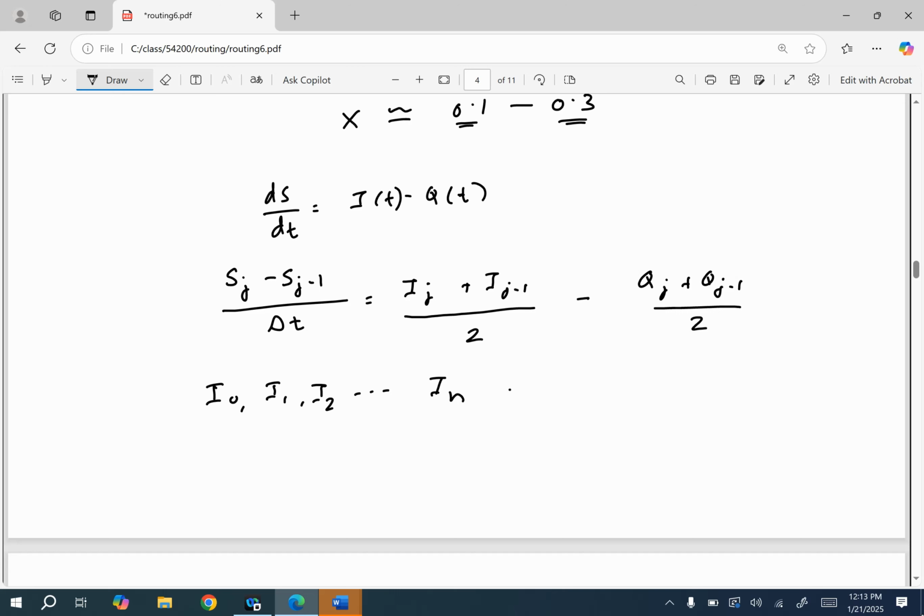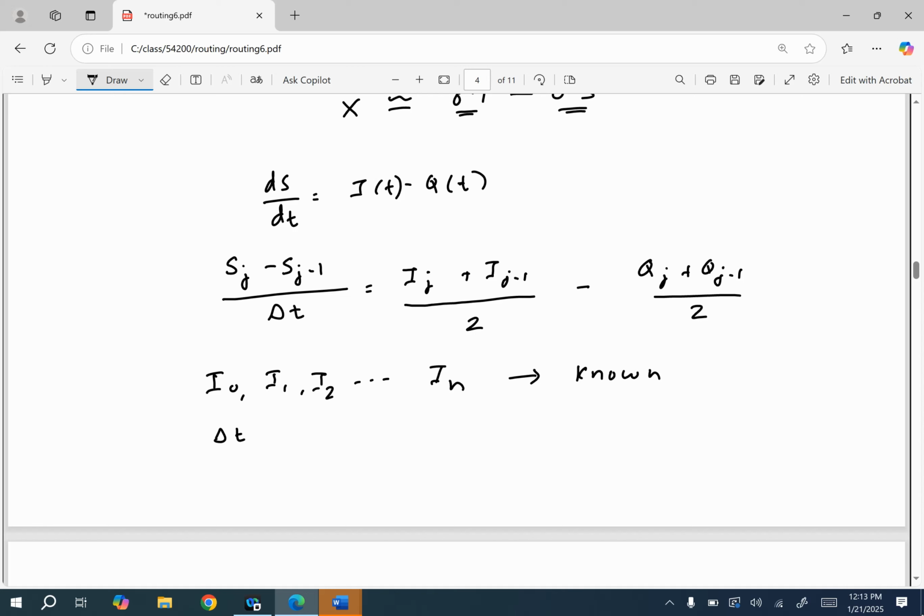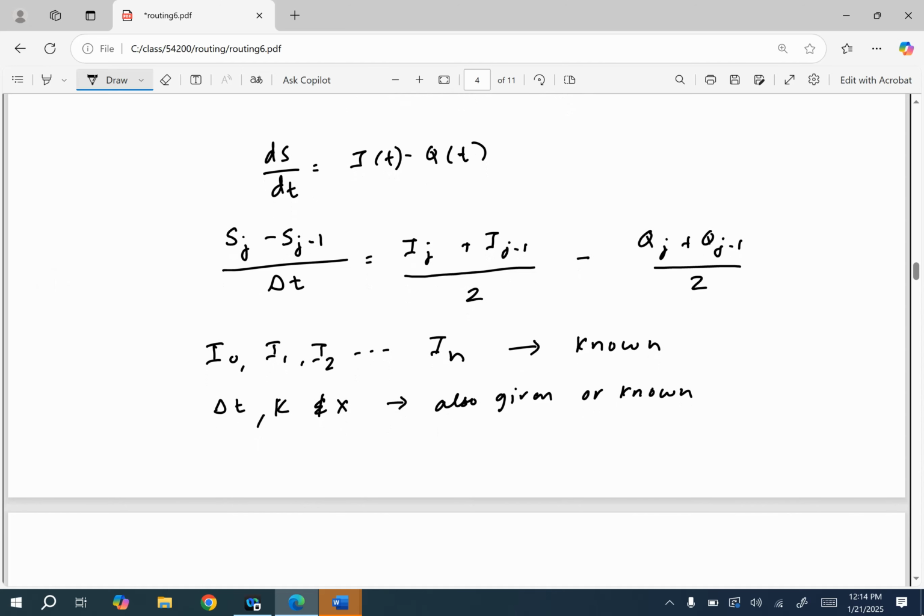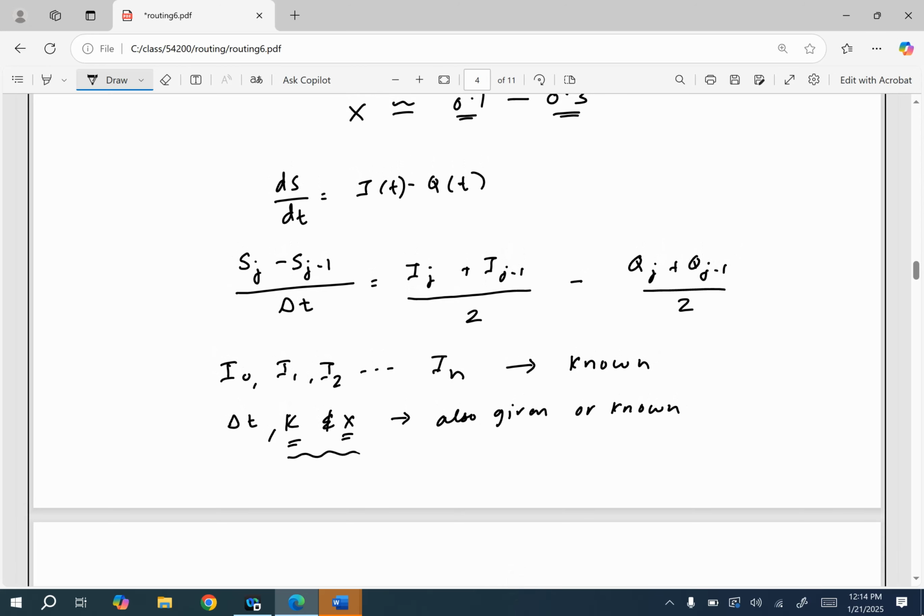The inflow hydrograph is always known, and delta T, K and X are also given or known, and if K and X are not known, they can be derived using data of I and Q, and we will see how to do that later.